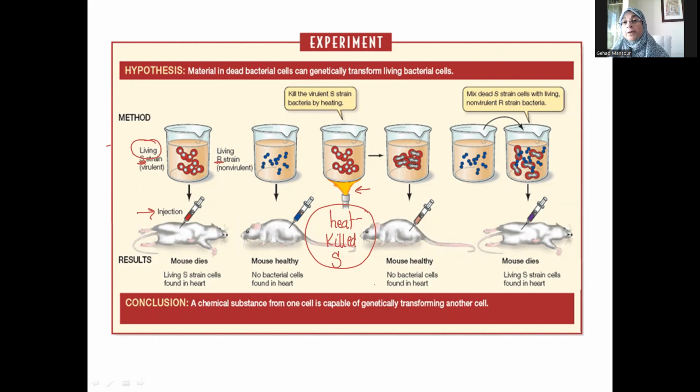And now we do something interesting: we mix the dead virulent bacteria with the live non-virulent bacteria. And we discovered that the mouse dies and that the bacteria are present in the myocardium of the mouse, which proves that although these virulent bacteria are dead, yet they were capable of converting the non-virulent bacteria into virulent ones, and therefore transformation occurred.